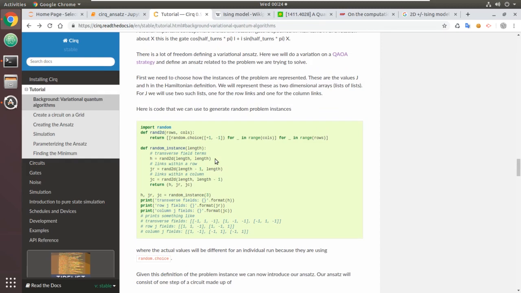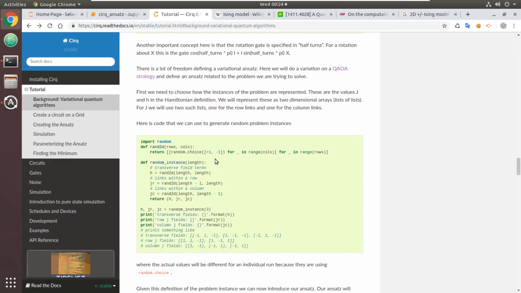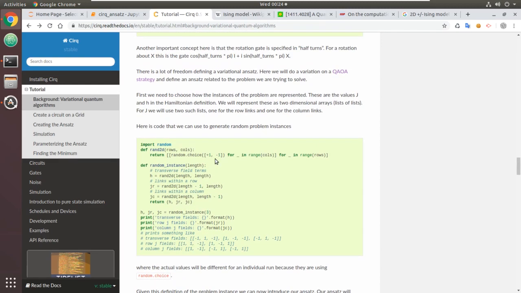It says interactions for J. We'll use two such lists, one of the row links and one of the column links. Why?